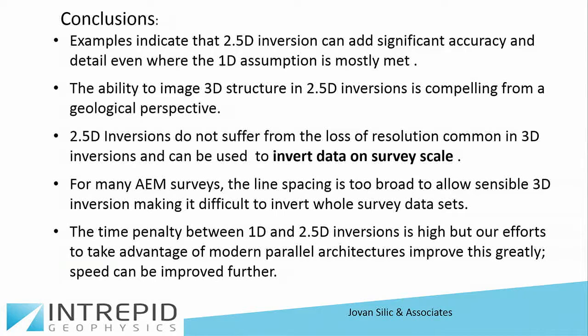This is one of my pet bugs. The reason they call it 2.5D is they have a 2D model and a 3D source. They've got a 3D source, because you've got your local equivalent, and a 2D model, so they've called it 2.5D. Now, if you happen to have a 1D model, a layered Earth, and a 3D source, you don't call that 2D.